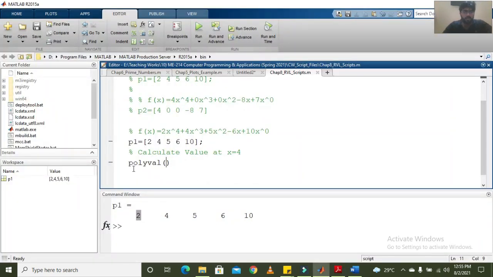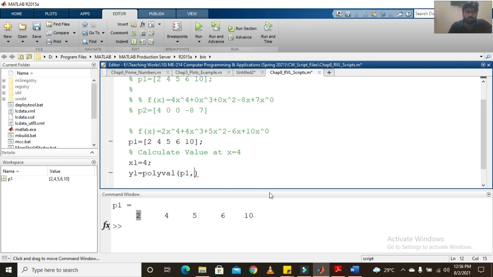So let's say I want to save this answer in y1, and I'm mentioning that x1 is 4, by using the polynomial p1, so I will write here p1. It means that whatever value I define after the comma will be put in this polynomial, and the value will be calculated and stored in y1.